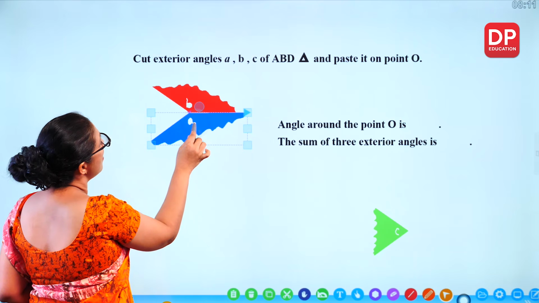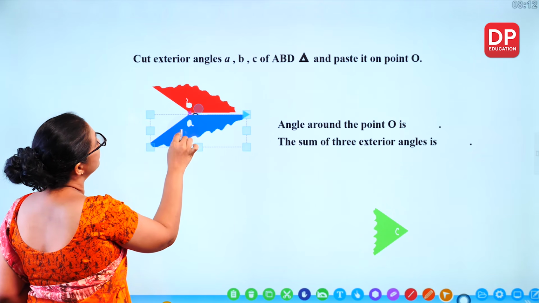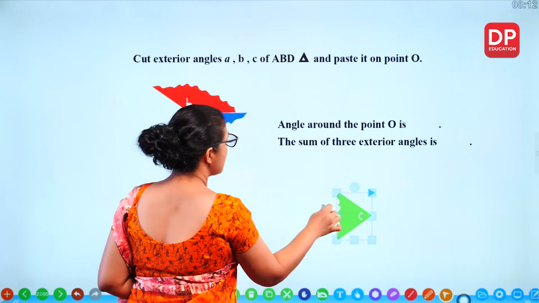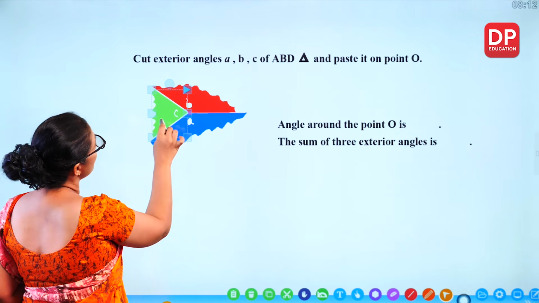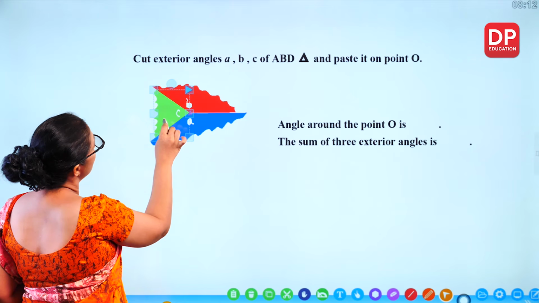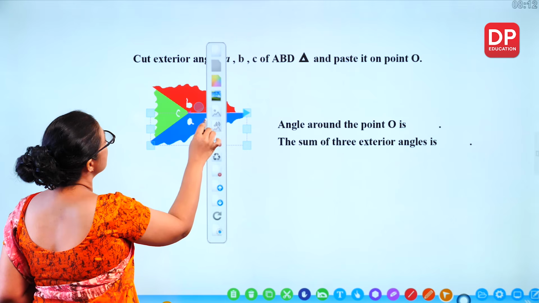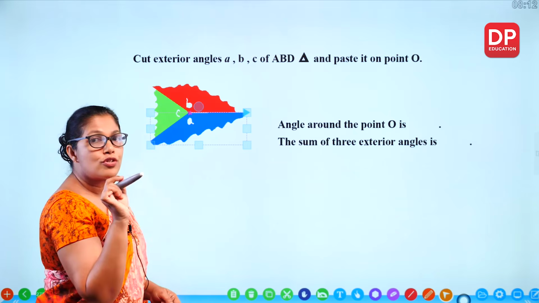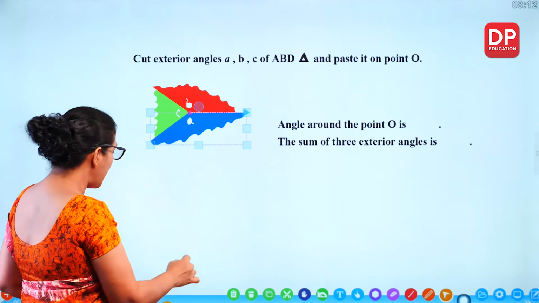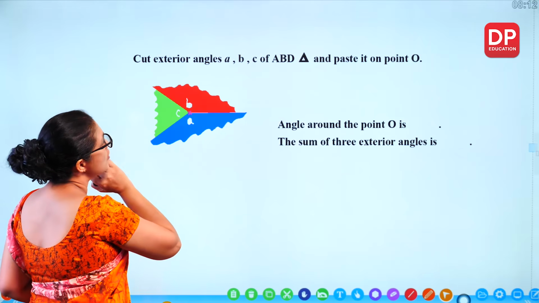So you are getting, and now take this angle and try to fit. What happens? When you try to connect, you will get all these 3 angles fit onto one point. So what's this point? Point O.